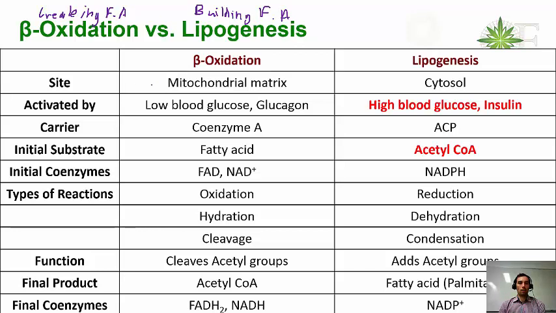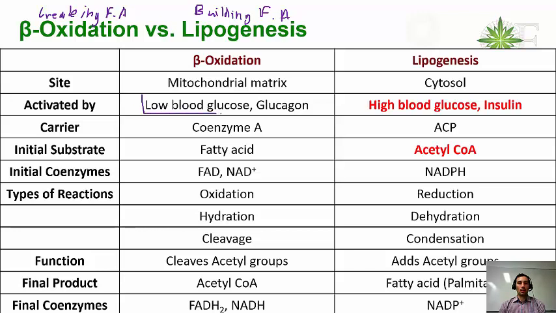So the site of beta oxidation is actually in the mitochondrial matrix, and we do this when there is little glucose to metabolize for energy. So instead we use our fatty acids to derive the acetyl-CoA, which can be used to start the citric acid cycle to start the process towards creating ATP.